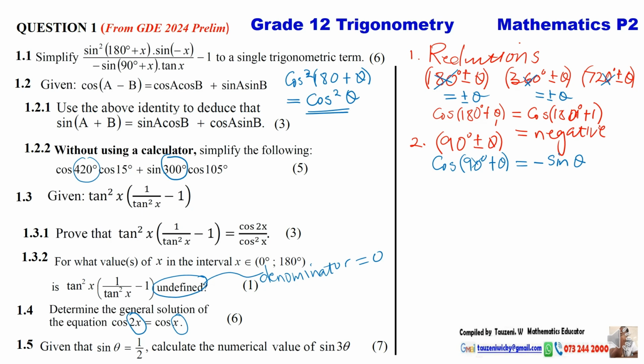But we know that the cos of 2x has got three equivalences. There are three forms in which you can express the identity: cos squared x minus sine squared x, and it is also equal to 2 times cos squared x minus 1, and it is also equal to 1 minus 2 times sine squared x. These are my three formulas for cos 2x.